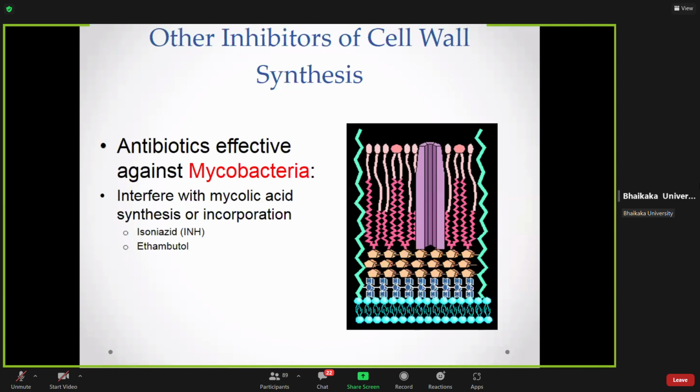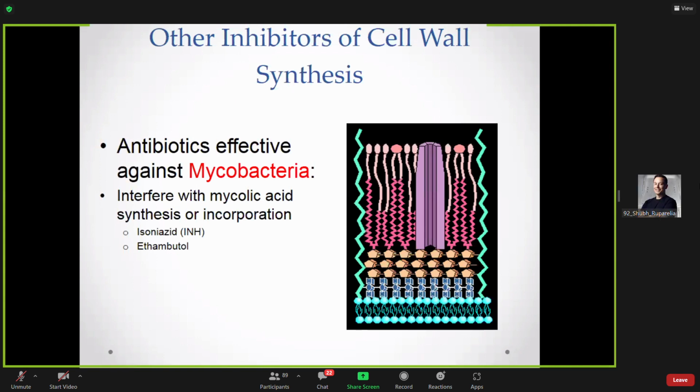Other inhibitors of cell wall synthesis are antimicrobials effective against Mycobacterium tuberculosis and other mycobacteria. They interfere with mycolic acid synthesis, or with the incorporation of a key subunit of mycolic acid, and then stop cell division at that point; that is isoniazid and ethambutol.